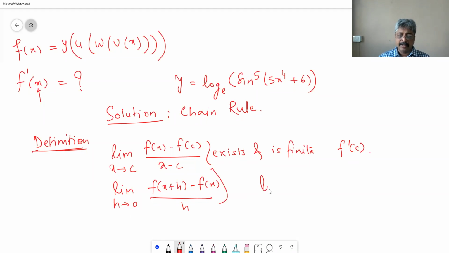We can write it this way: delta x tends to 0, where the change in the value of x is h. Then what are we trying to evaluate? We are trying to evaluate delta y upon delta x.